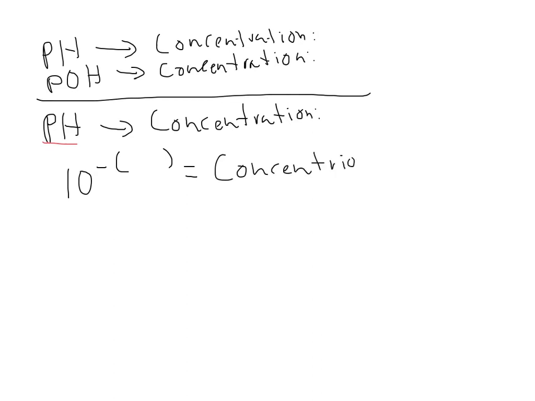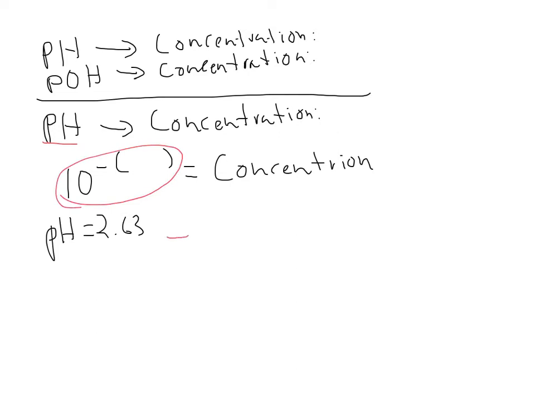So let's do one out for practice. Let's say you're given a pH value. pH equals 2.63. So you just plug that into that formula right here that I showed you.